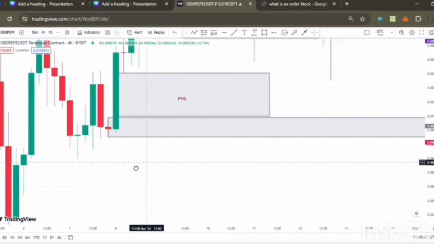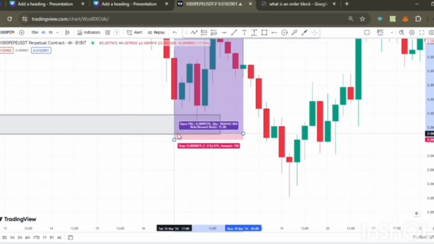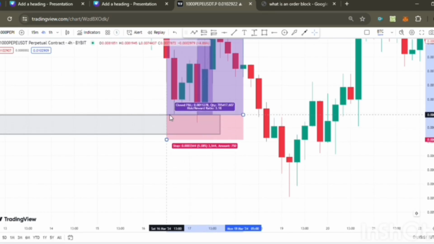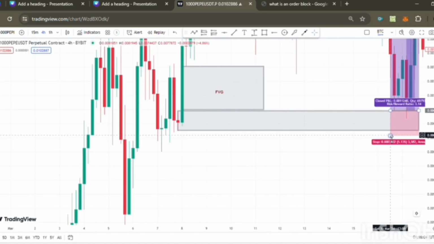Now you take your long position and place it. Make sure it's reading between the lines of the rectangle you have drawn. Your stop loss should be either somewhat below the wick, which is the rectangle you have drawn, or at the exact wick.